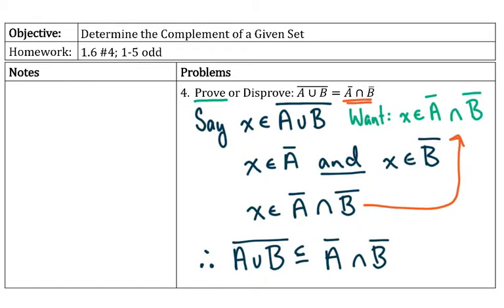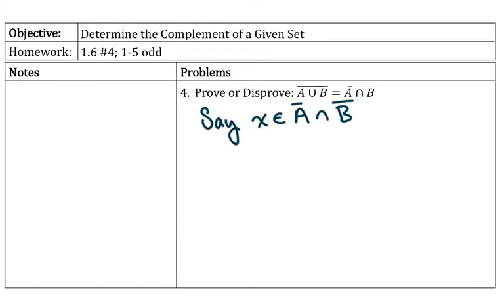Now we just have to show that the opposite is true. Now that we've completed one side of the proof, the other one's going to follow really similarly, and this is generally going to be the case. So x is in the intersection of the two complements, so x has to be in those two complements separately.